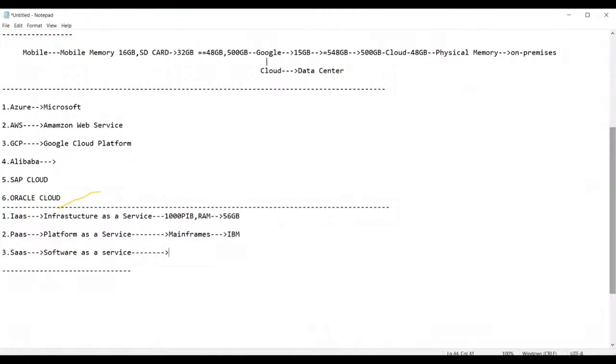And now guys, suppose you require some software. Software in the sense you require some reporting software or some analytical software, such as Power BI, or suppose you require Cognos.